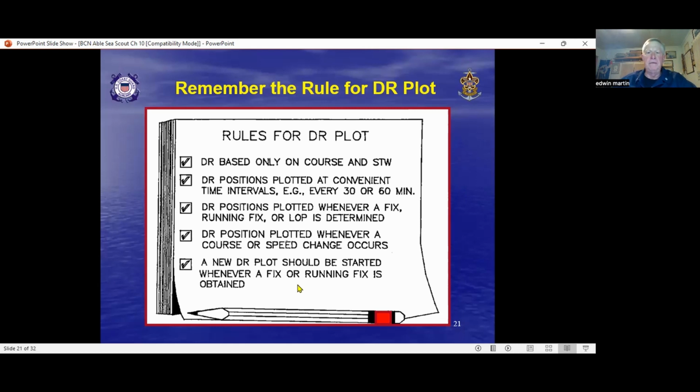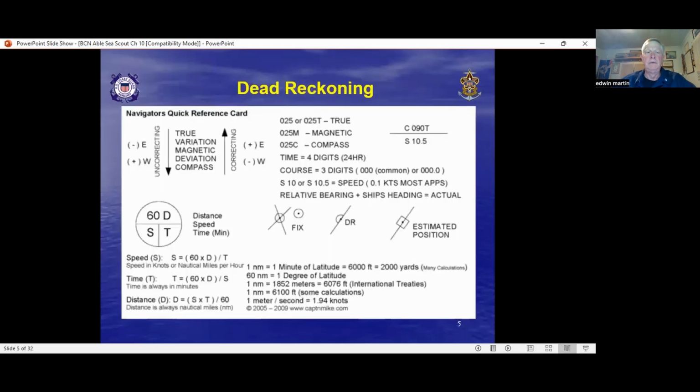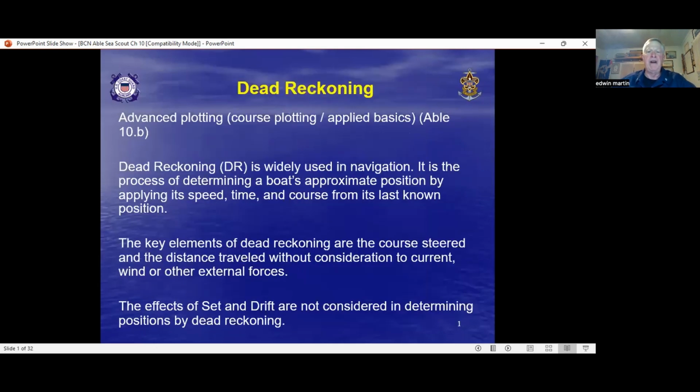So with that, that's pretty much all that was required for our original advanced plotting course for the Able 10B, which was all that was supposed to be covered tonight.